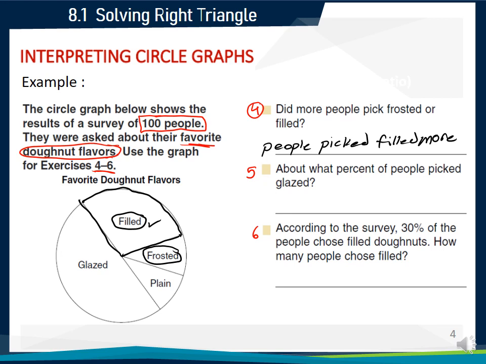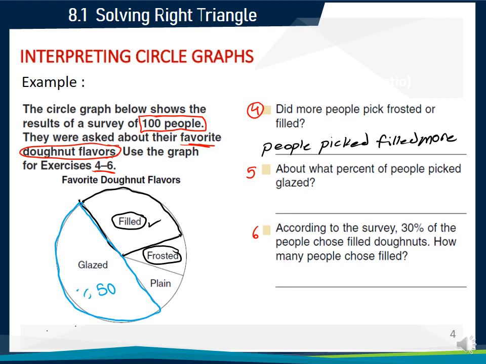Number 5 we have, about what percent of people pick glazed. This is glazed. This part we can say is the sector of glazed. This is approximately, or we can say it is about just 50%. It is half of the circle.